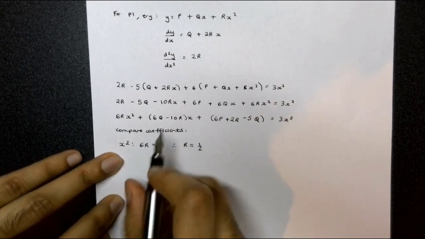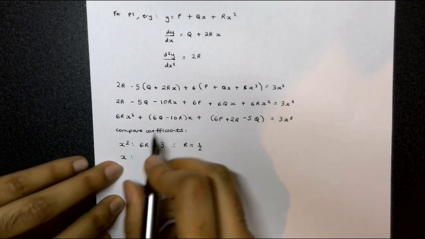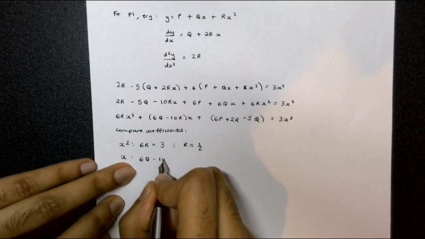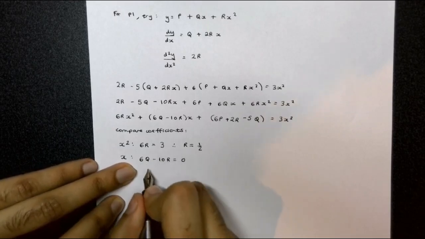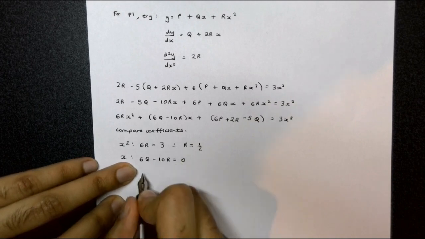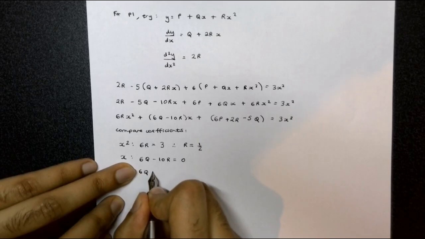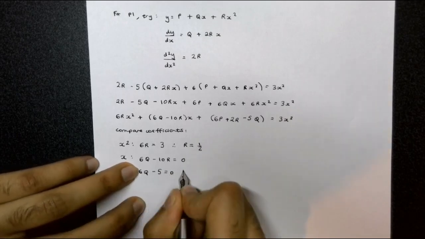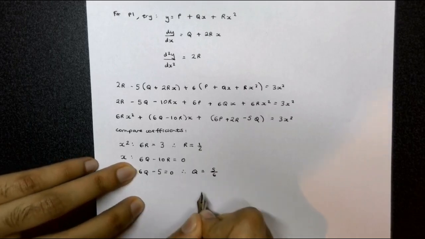If we now compare the x terms, we've got 6q minus 10r equals 0. So we know that r is equal to 1/2. So we've got 6q minus 10 times by 1/2, which is 5. This is equal to 0. q is equal to 5/6.